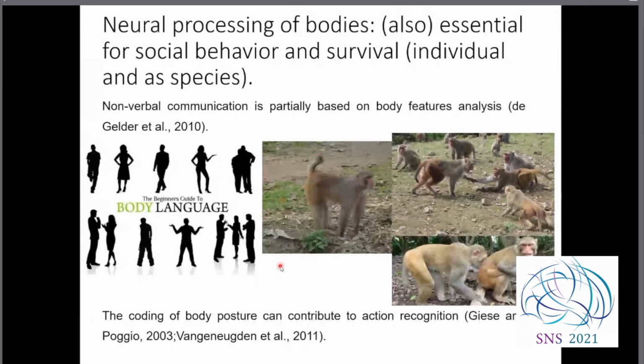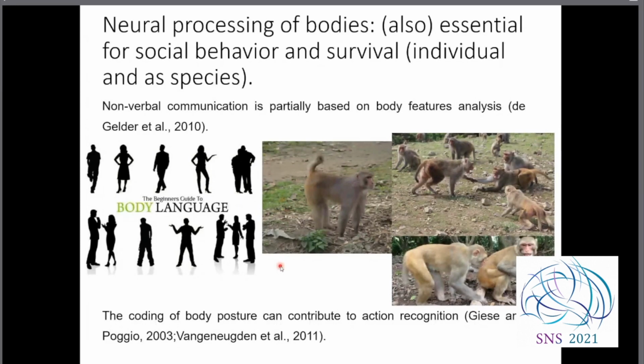There is a lot of action recognition based on posture information. So that's why it's also important to understand how bodies are processed by our visual system, and not only faces.